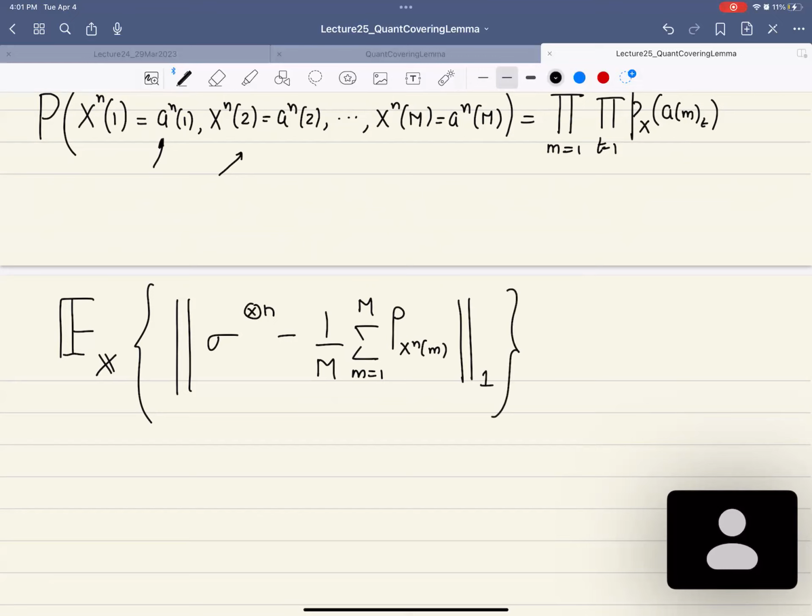So if I show that this falls exponentially in n, whenever 1 by n log M is larger than that red quantity, then I know that there is at least one collection of that size for which the L1 distance is very small.